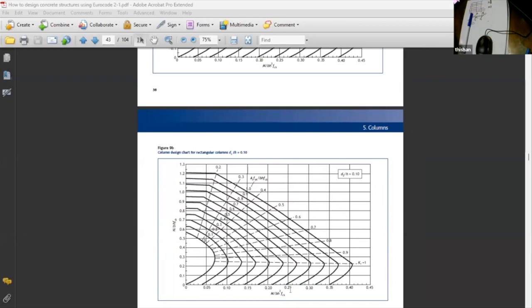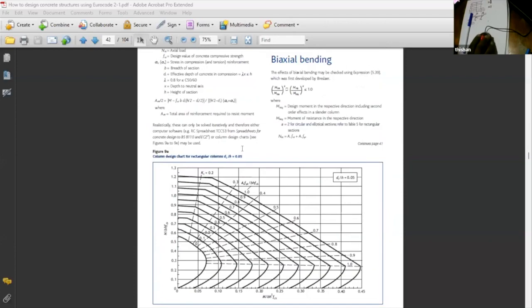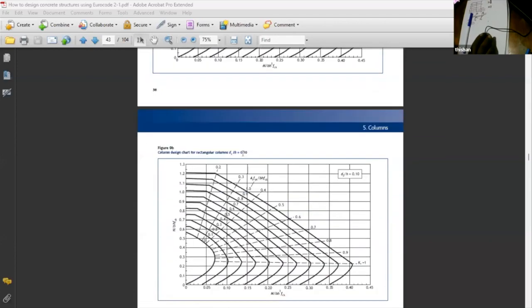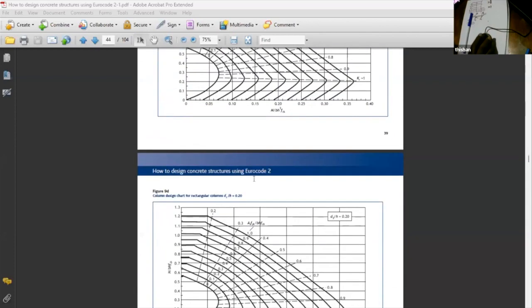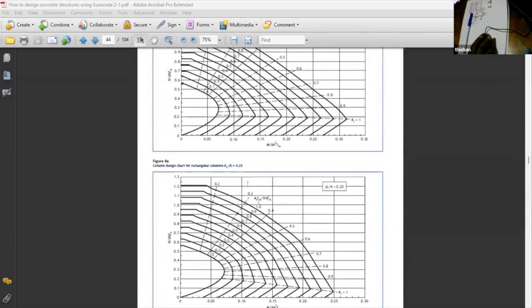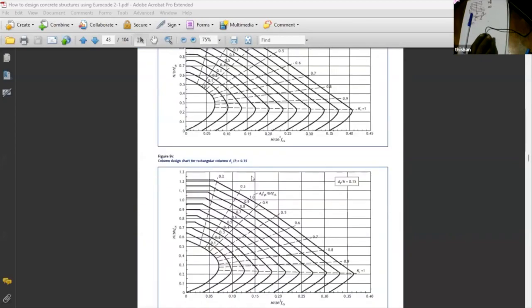But depending on the cover and other requirements, you can have other charts. So here you can have d over h 0.05, 0.1, 0.15, 0.2, 0.25. So there are charts.